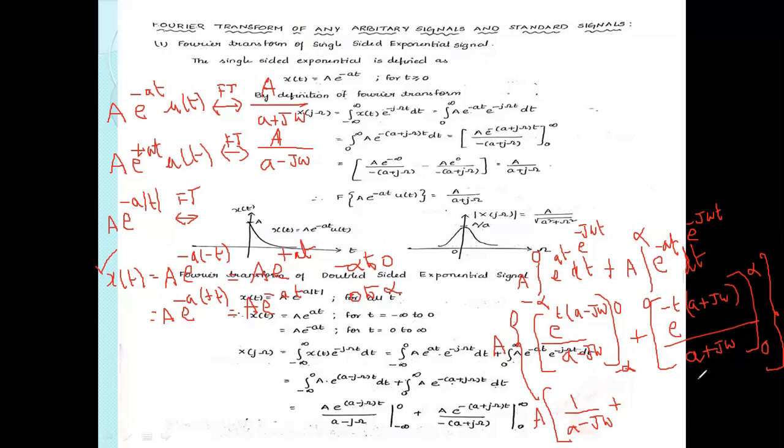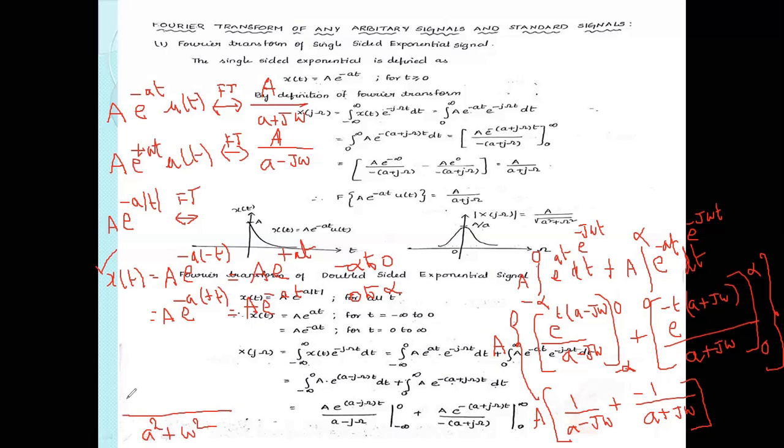Plus the second term: the first term is 0, and the second term is minus 1 by (a plus j omega). Now take the LCM of a plus j omega and a minus j omega, that is a square minus b square, minus b is j omega, j square is minus, so a square plus omega square.